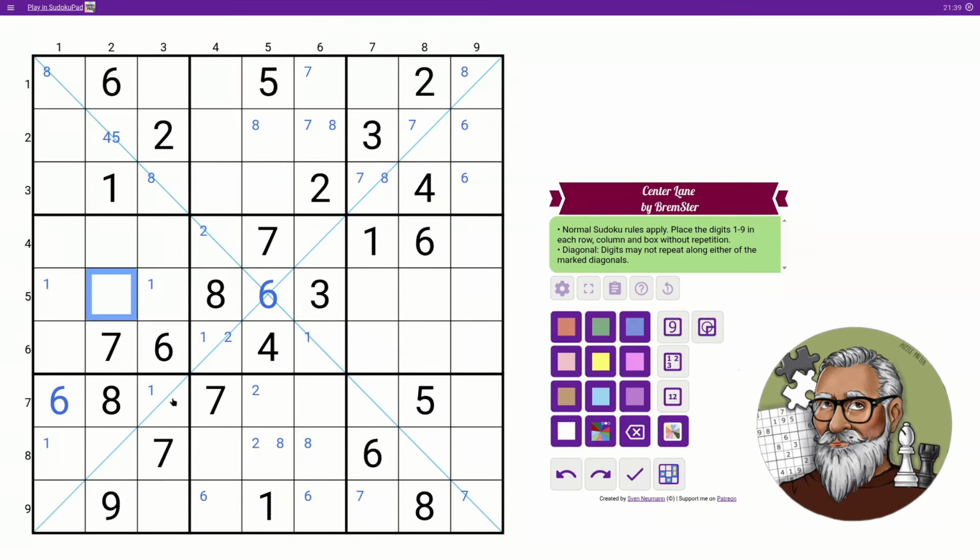But that's 3, 8, and 9. No, that's 3 or 9 as well. 3 or 9. And it's all interesting, but not terribly.